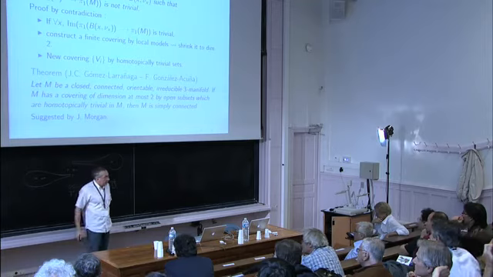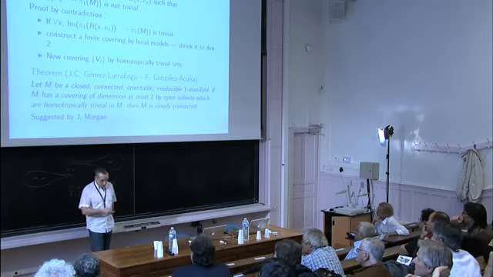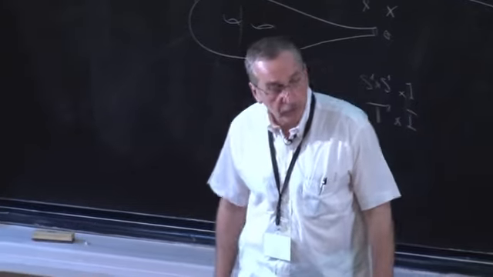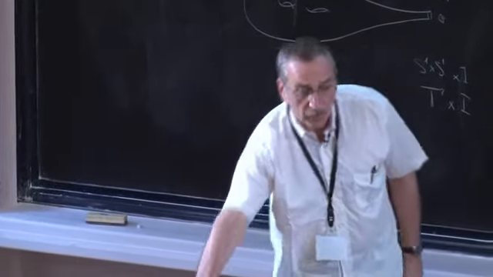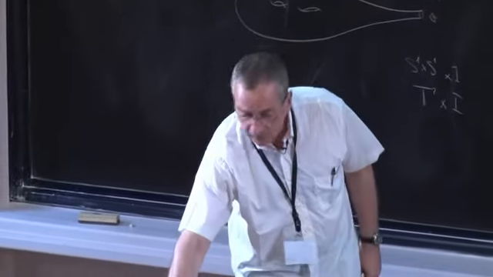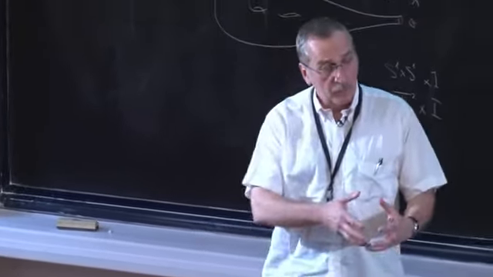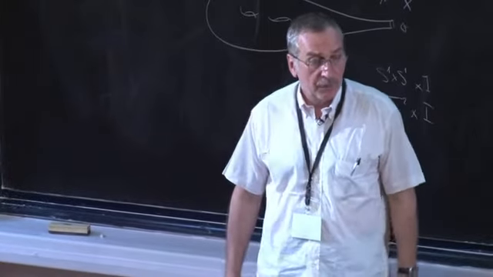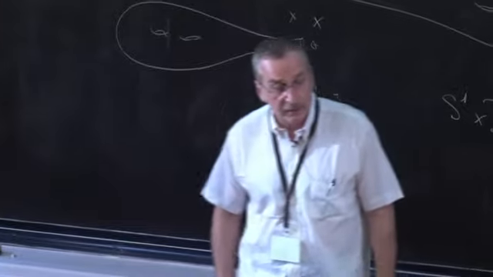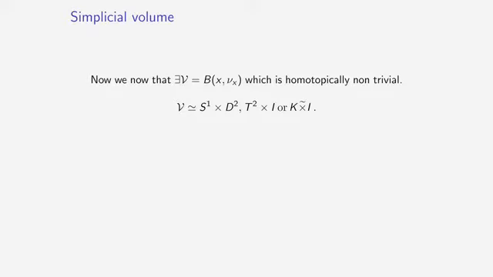But thanks to John Morgan, we can deal with that. So now we are in good shape and almost finished. We have one of these local models, this ball, which is homotopically non-trivial. In the list of 5, if we look at this list, only 3 are not simply connected, these ones.